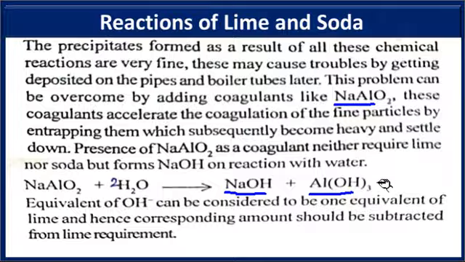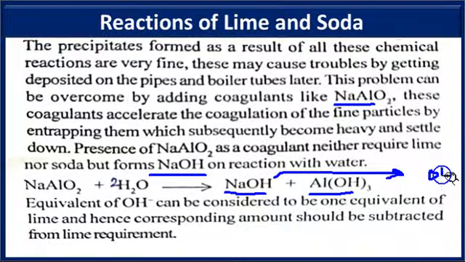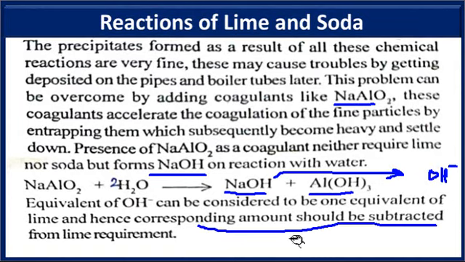So aluminium hydroxide basically acts as a coagulant, but it also generates sodium hydroxide. The equivalent of OH minus, sodium hydroxide generates the OH minus ion in the water sample. So the equivalents of OH minus ions can be considered to be one equivalent of lime, and hence the corresponding amount should be subtracted from the lime required.